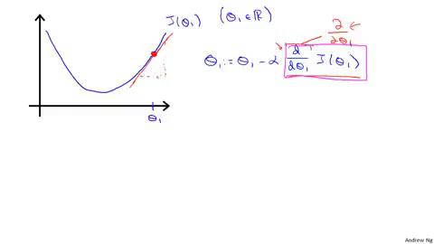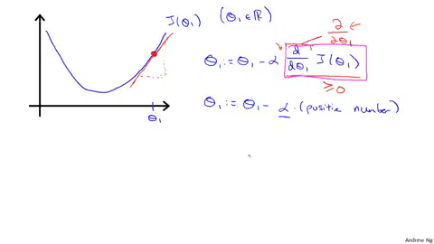Now, this line has a positive slope, so it has a positive derivative, and so my update to theta 1 is going to be theta 1 minus alpha times some positive number. And alpha, the learning rate, is always a positive number.